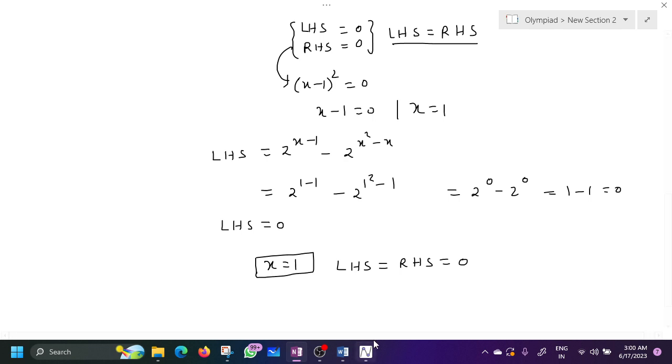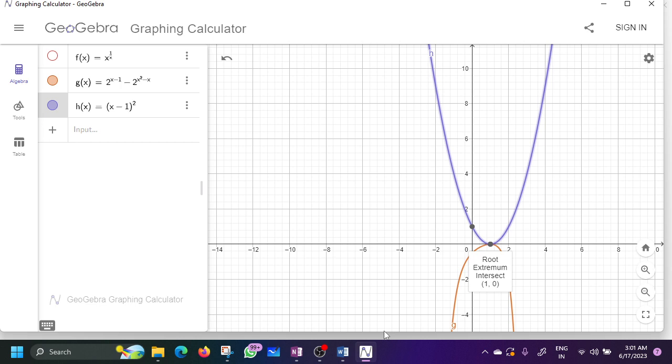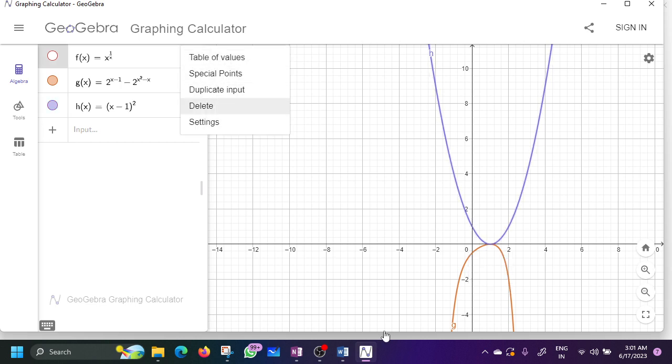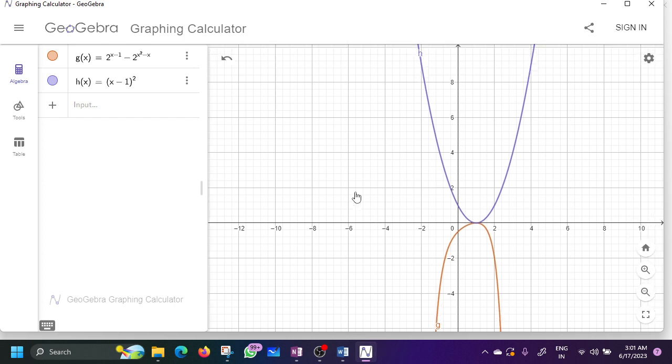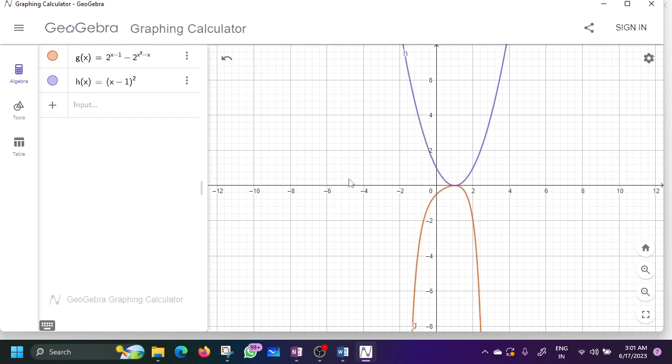Now let's see the graph of these two functions to understand what's going on. I have drawn two graphs here, the orange graph and the blue graph. The blue graph represents x minus 1 whole square, and the orange graph represents 2 to the power x minus 1 minus 2 to the power x square minus x. See where they are intersecting each other.